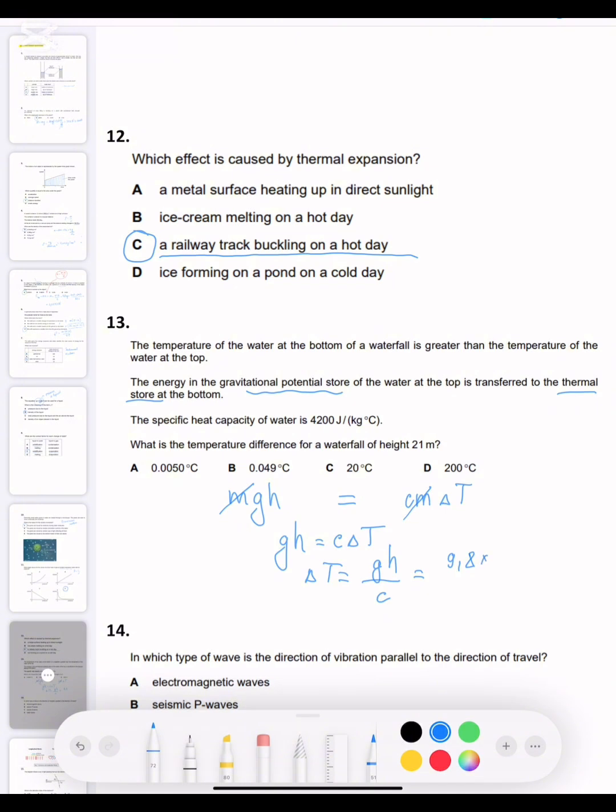Height is given, 21 meters. Specific heat capacity is given, 4,200. And the answer is 0.049 Celsius degree. It is B.